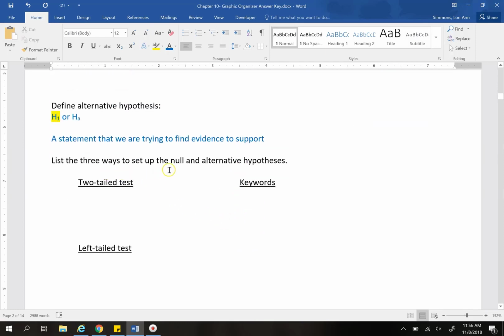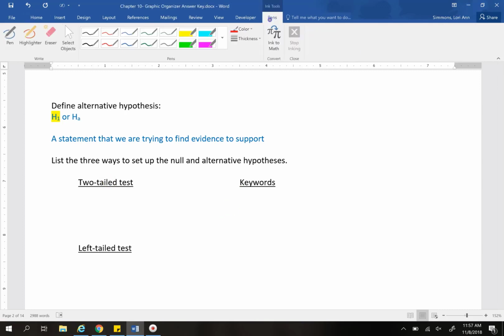So there are 3 ways to set up the null and alternative hypothesis. For the two-tailed test, we have your H sub 0, your null hypothesis, and your parameter equaling some value.